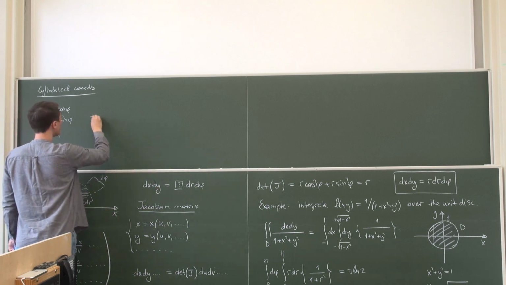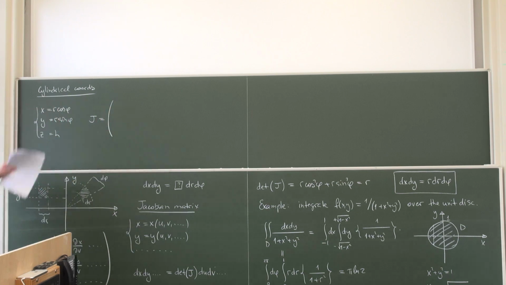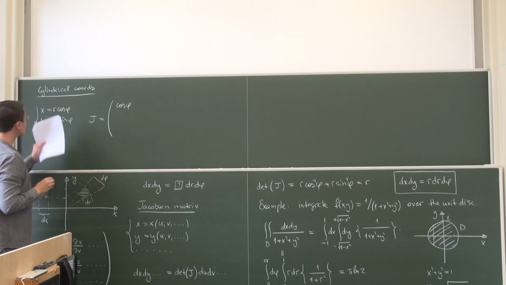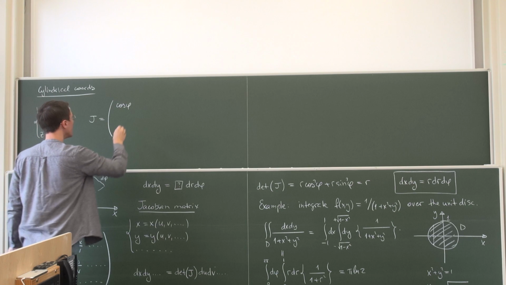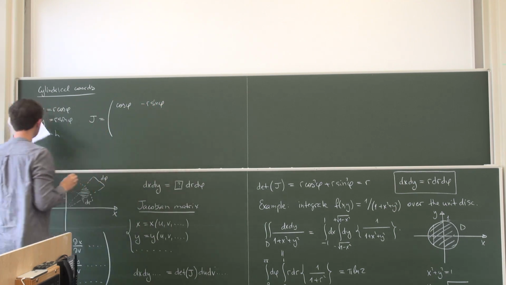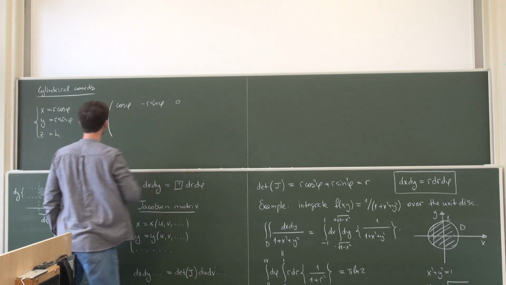So the Jacobian matrix will be dx by dr cosine phi, dx by d phi minus r sine phi, dx by dh, x doesn't depend on h, 0.